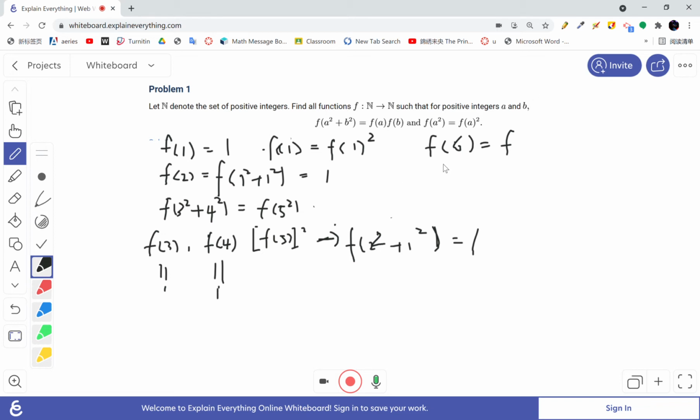So now f of 6 squared plus 8 squared is equal to f of 10 squared, which is f of 3 squared times f of 1 squared.